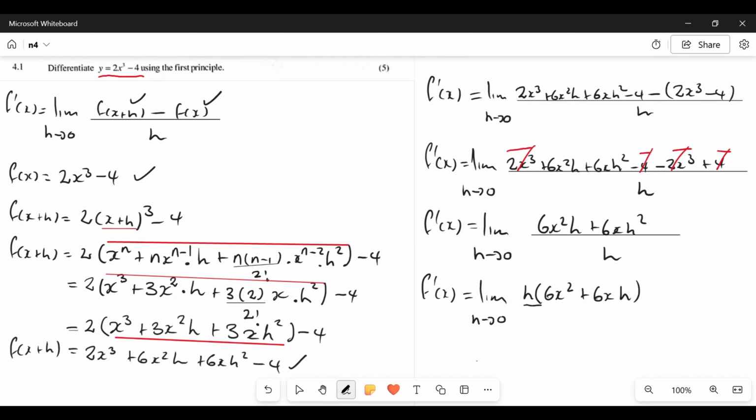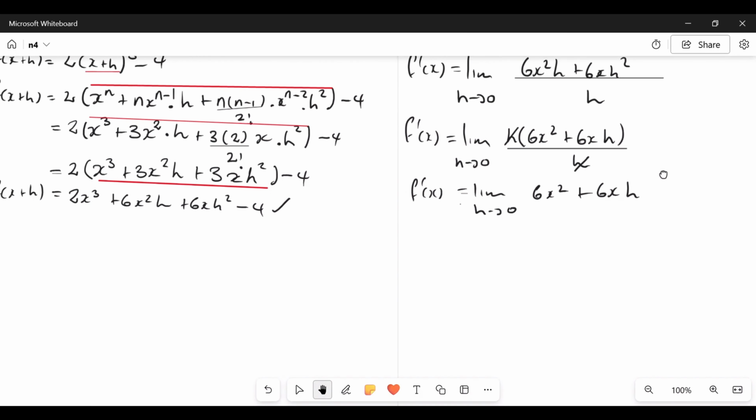There we go. All this is divided by h. Right. Now, this h here on the denominator and that h there on the numerator, they will divide each other. So what you are left with here is going to be f of x prime, limit h approaches 0, 6x squared plus 6xh. Let me just create a little bit of space.